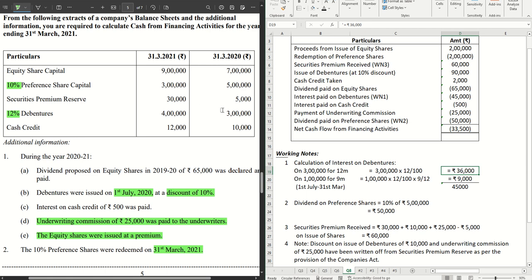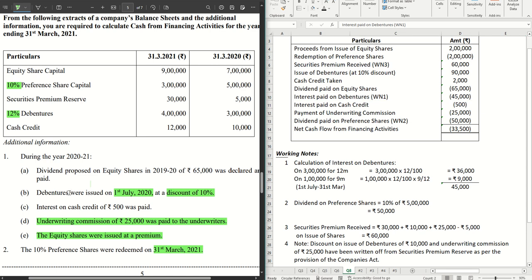However, on the additional 1 lakh, the interest will be calculated from 1st July. 1st July को इशू हुआ था ये, so 1st July से लेकर 31st March तक 9 महीने होते हैं, so इस पर 9 महीने के इंटरेस्ट कैलकुलेट होंगे 9,000, so total interest is 45,000. So that goes as the next item, interest paid on debentures, 45,000 as an outflow.